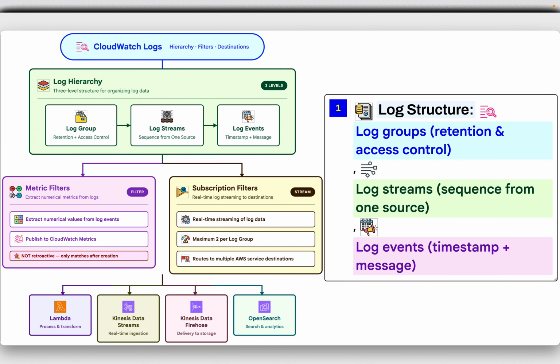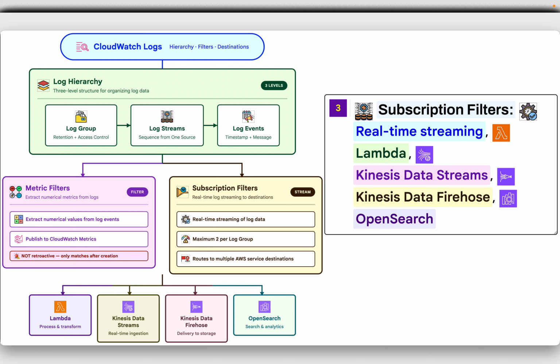They are not retroactive and only process events after filter creation. Subscription filters provide real-time streaming of log data to destinations such as Lambda, Kinesis Data Streams, Kinesis Data Firehose, and OpenSearch. Each log group supports up to 2 subscription filters.